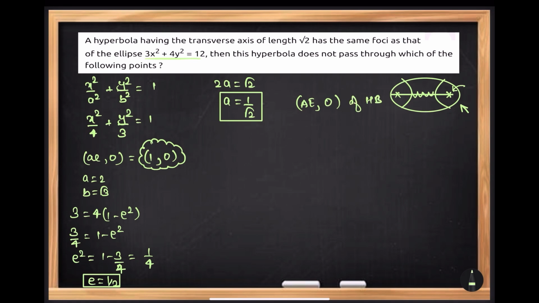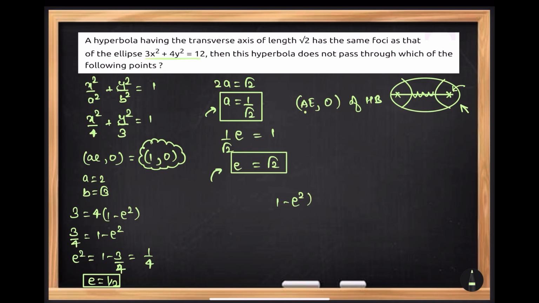Now you know a of the hyperbola is 1 by root 2, times the eccentricity, and this should be equal to 1. So the eccentricity of the hyperbola we got as root 2, correct? So we got a of the hyperbola and the eccentricity of the hyperbola. Now we have to calculate b. You know it is a horizontal hyperbola, so we will take help of the equation in which a, b, e exist.